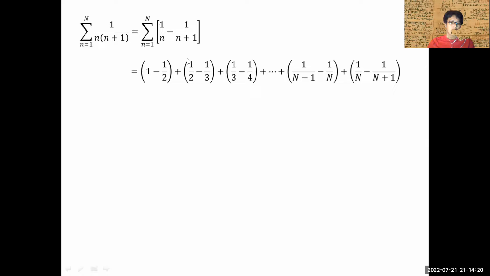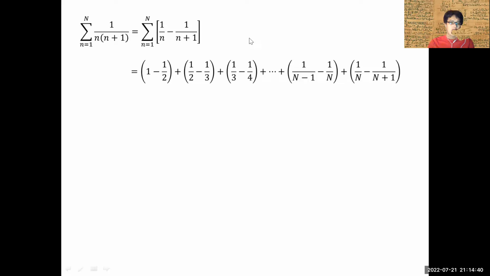So you can see what's going on. The n minus 1 term is 1 over n minus 1 minus 1 over n. And likewise, the last term, the n term, is 1 over n minus 1 over n plus 1. So this is basically what I call a telescoping series.